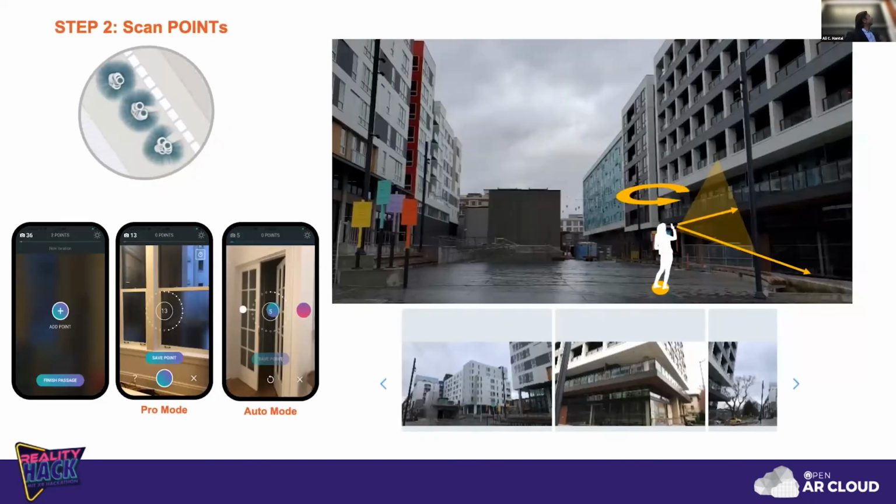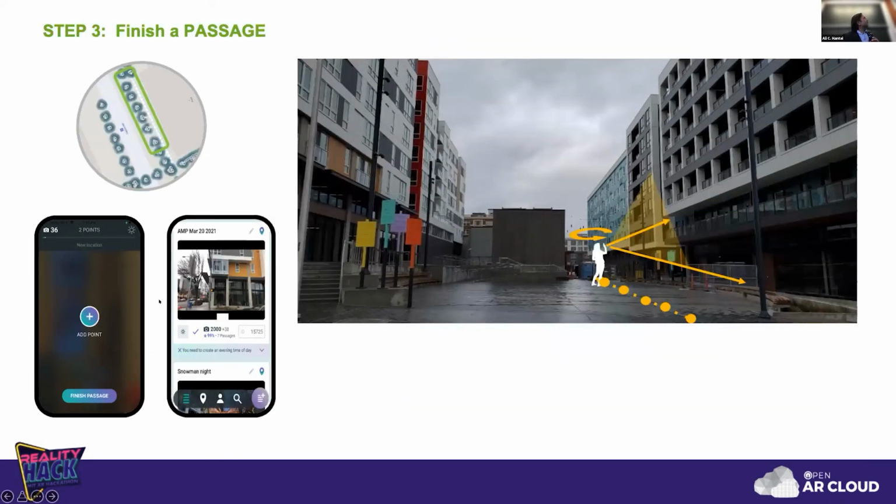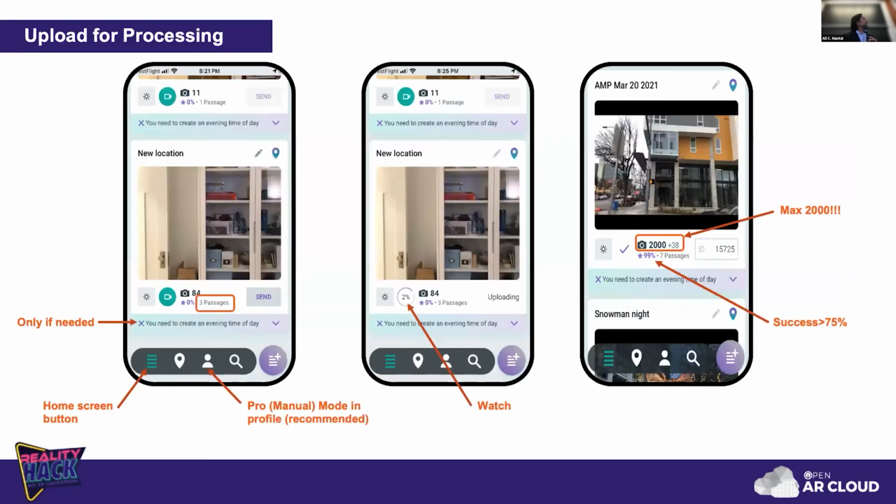Basically, the app shows you how many photographs you're taking at every scan, and you need to be at a certain distance. You shouldn't be closer than 3 meters to the wall or a building. You do that, and then you see these very good measurements that you can use.